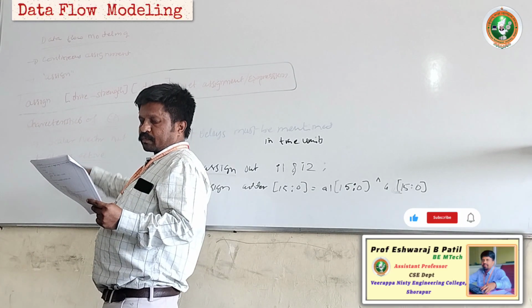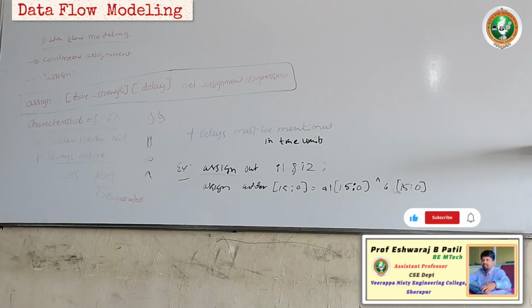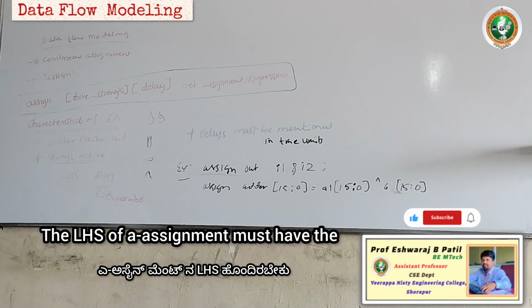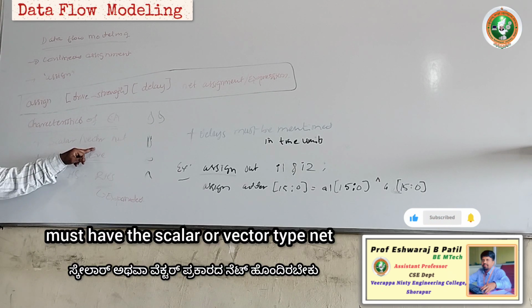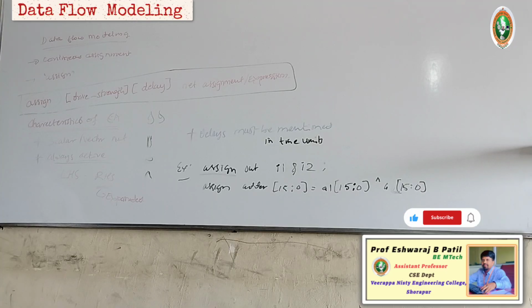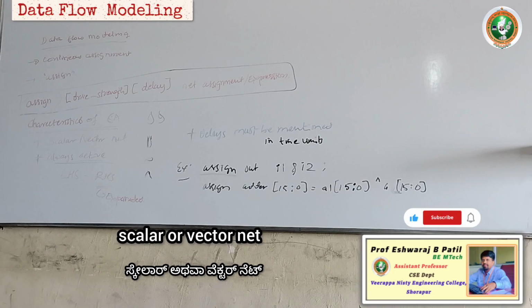The first one is the LHS of assignment. The LHS of assignment must be a scalar or vector net.